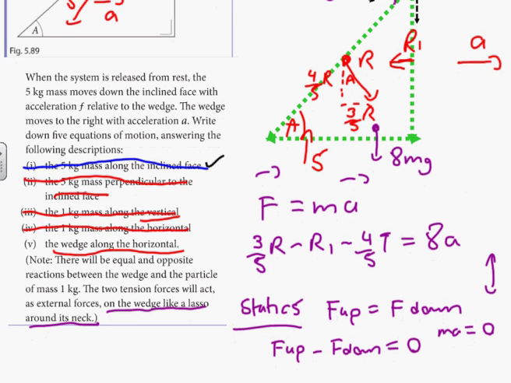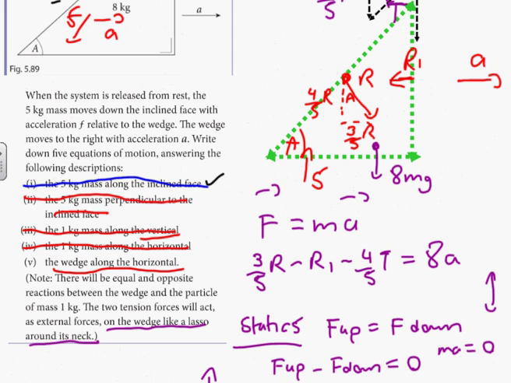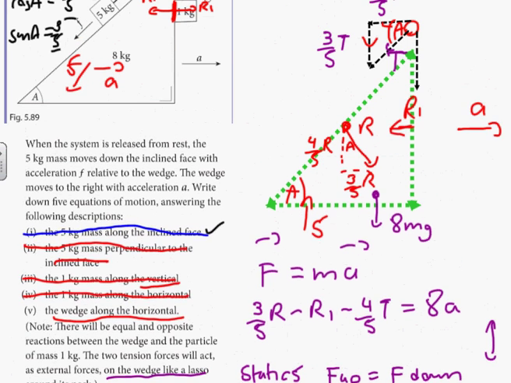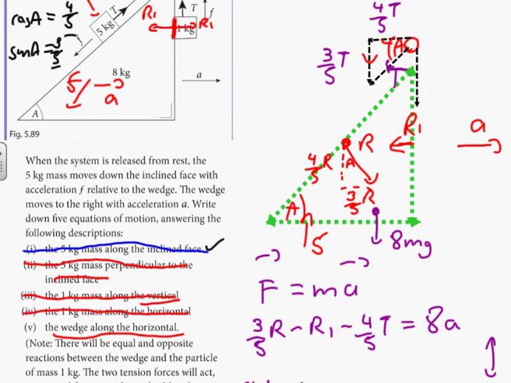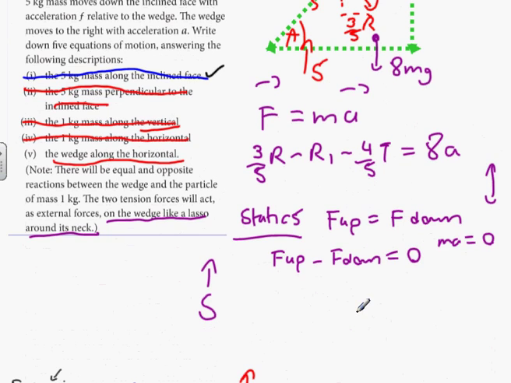S. Anything else going up? Absolutely nothing. The only thing keeping that wedge up is the ground. Okay? What goes down? 8. Oh, sorry, it's 8G, not 8 mg. Did the same thing again. It's just 8 kilograms. 8G.